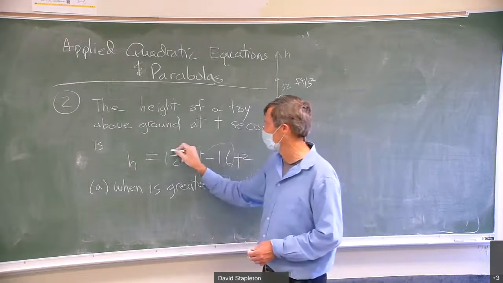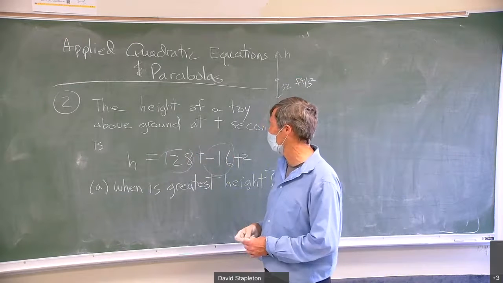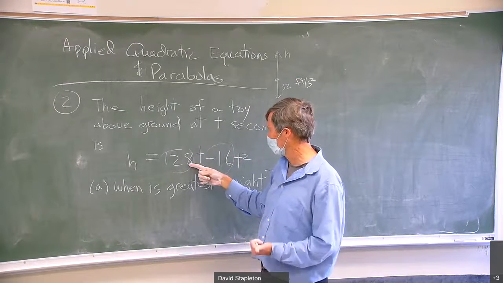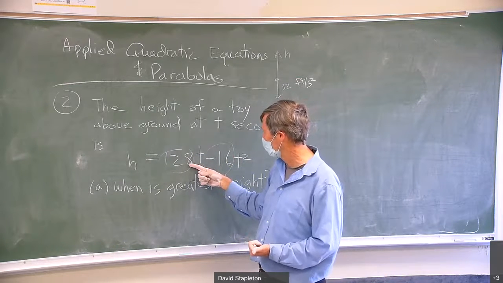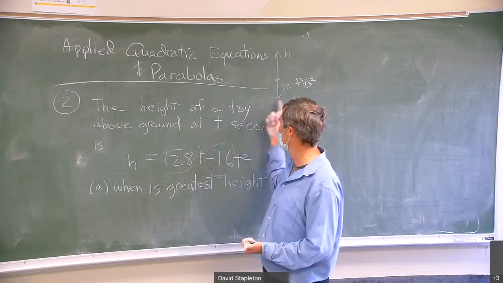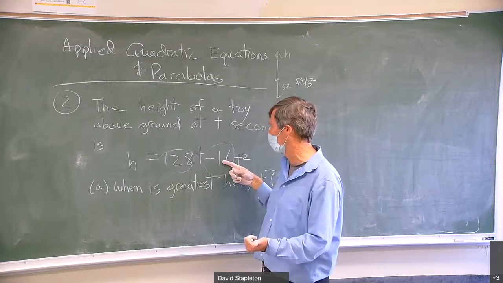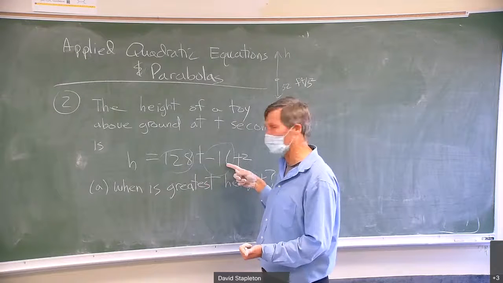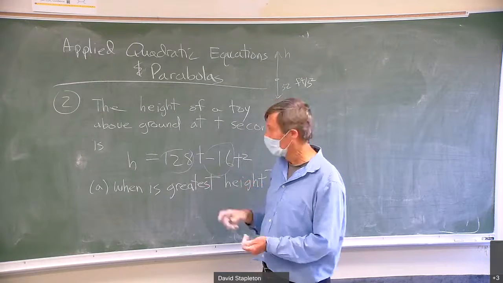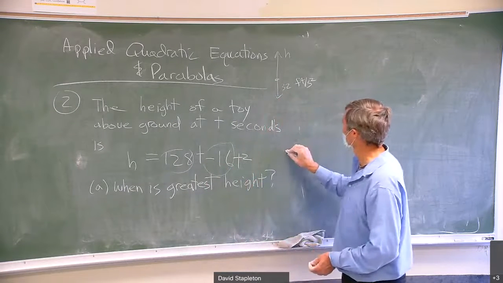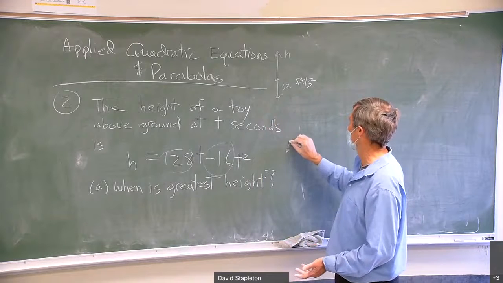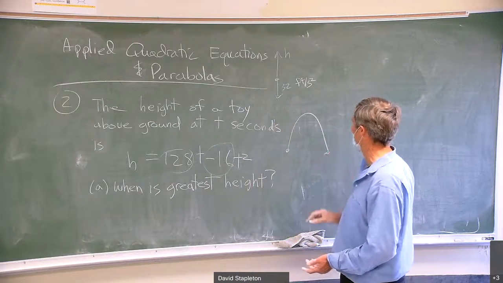And then this is its initial velocity. If you fire a heavy rocket up at 128 feet per second in Earth's gravity, 32 feet per second squared, any heavy object you fire, ignoring air resistance, follows exactly this trajectory, and it's a parabola. When you fire an object up from the ground, it makes a nice parabolic trajectory.